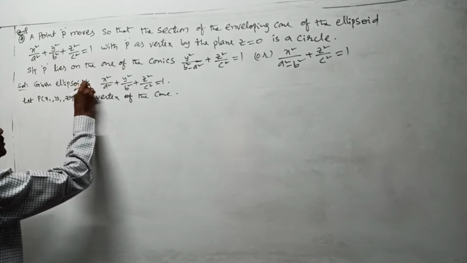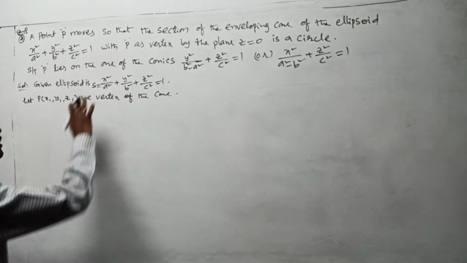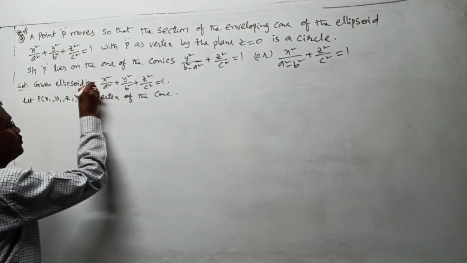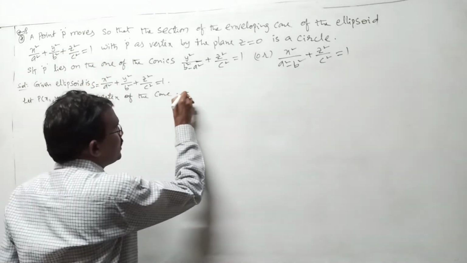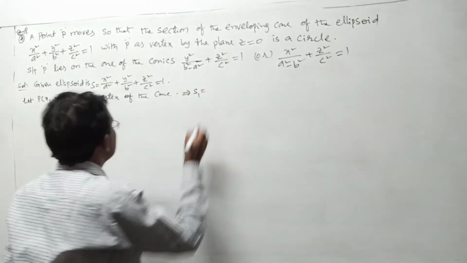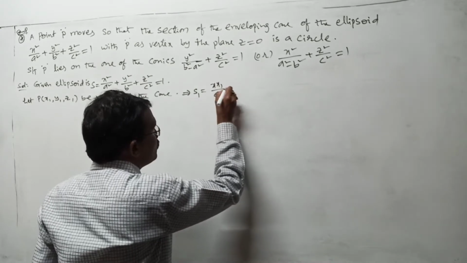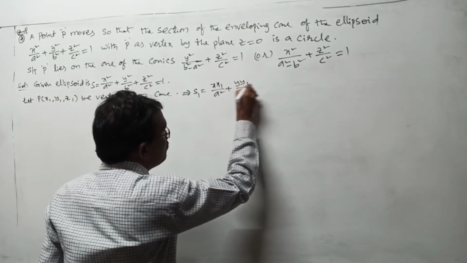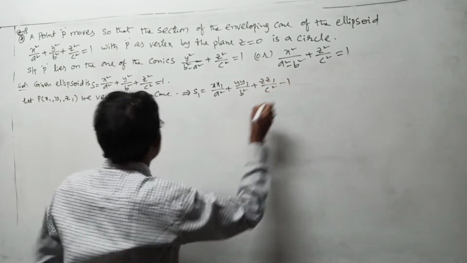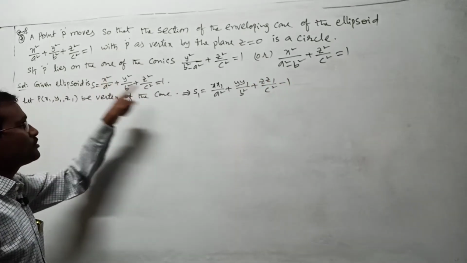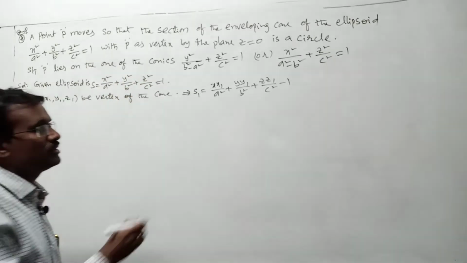For that, let us take this conicoid or ellipsoid as S equal to this, better notation. Okay, now from this, can you write S1? It is x x1 by a square plus y y1 by b square plus z z1 by c square minus 1.